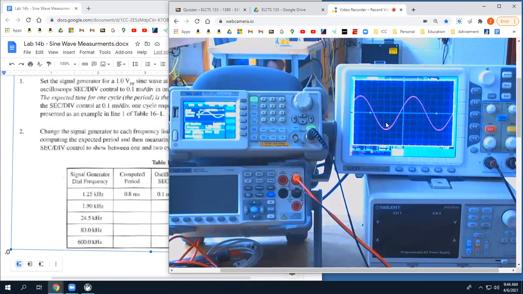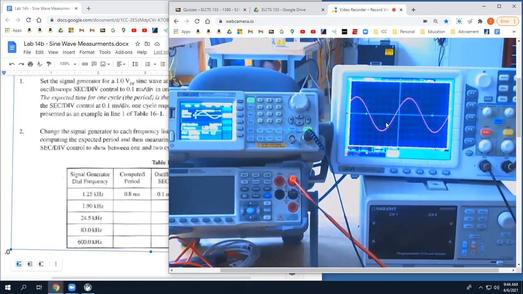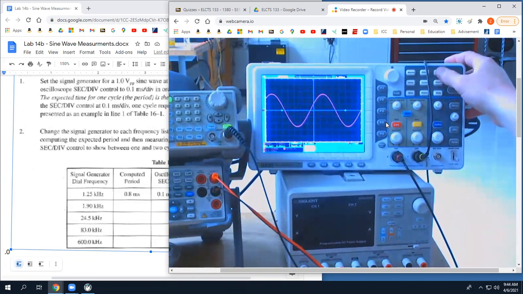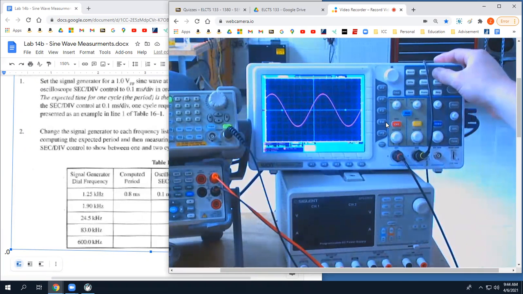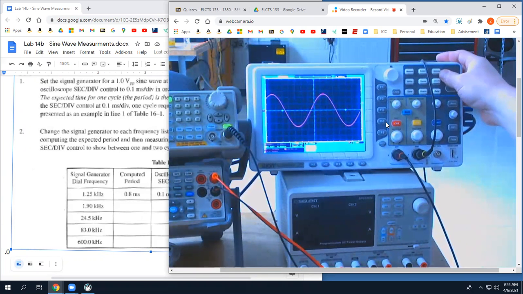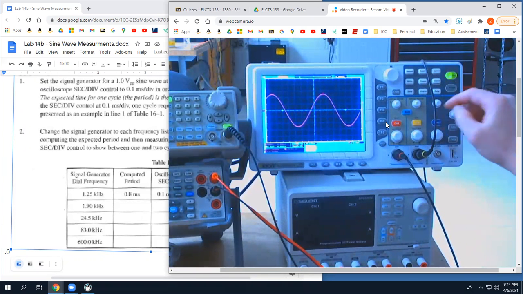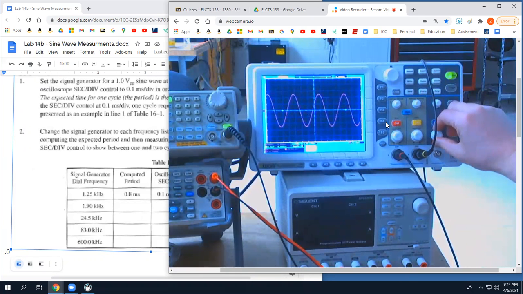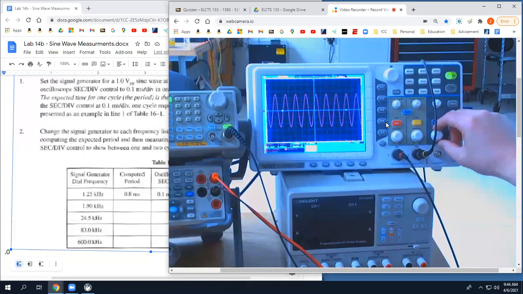Do me a favor, hit this kind of miracle button, auto set, and your scope will read a signal coming in and try to display the best picture it can. When you do that, you probably will see something like this, right?